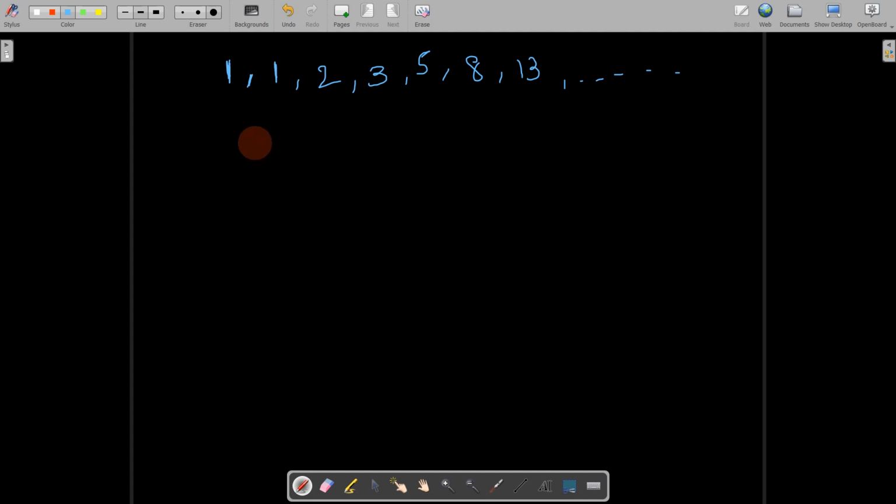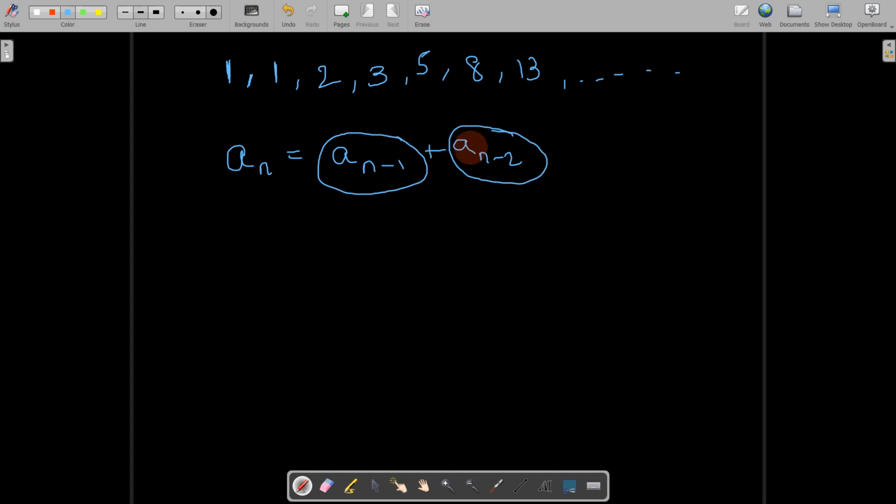So this whole series, if I want to generate the terms of this series, any nth term an can be found out by summing two smaller problems, the n minus 1th term plus the n minus 2th term. So you are taking two smaller problems of n minus 1 and n minus 2 size, and when you combine the answers, you get the nth term, or the answer to the bigger problem.